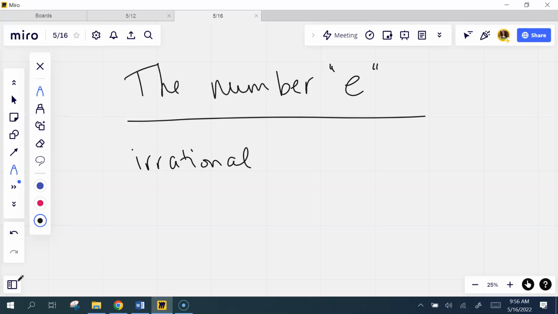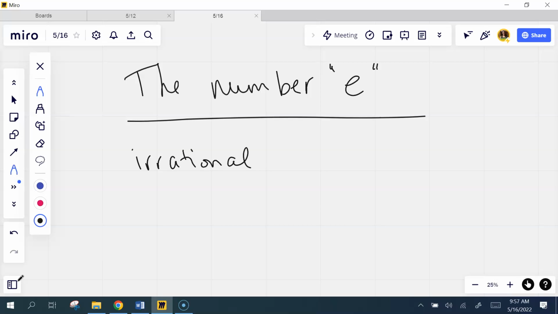It doesn't repeat. There's no pattern to the numbers that follow the decimal. It goes on forever and ever. It never stops or repeats. So you can't express it as a fraction, so we call it irrational. Rational numbers can be expressed as a fraction, and they either have a pattern or they terminate.